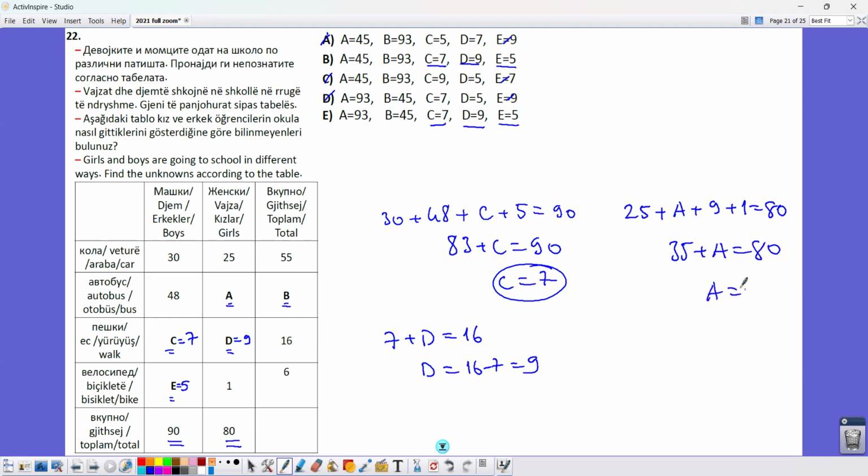So A is equal to 80 minus 35, which is 45. And when you come back here, only in B, A is 45, so your result is B. If you want, you can also find B, which is 48 plus 45, 93. You will see that this is 93.